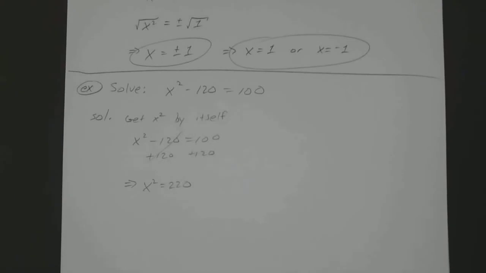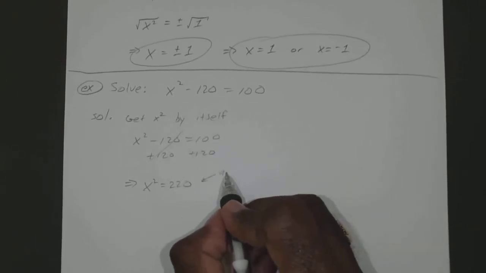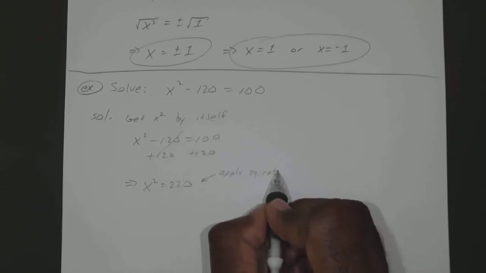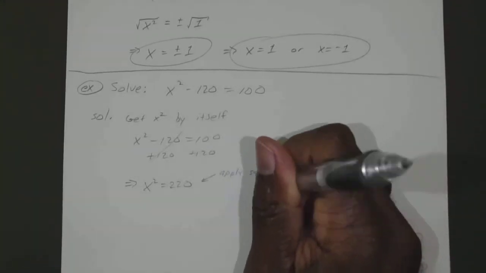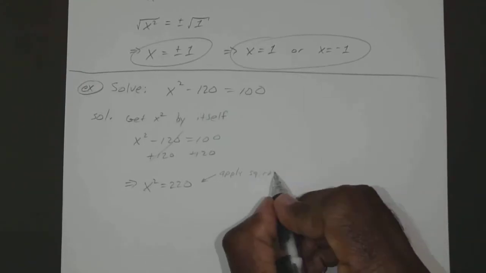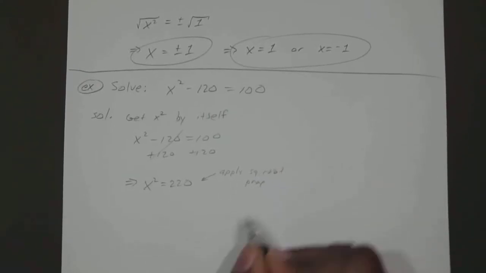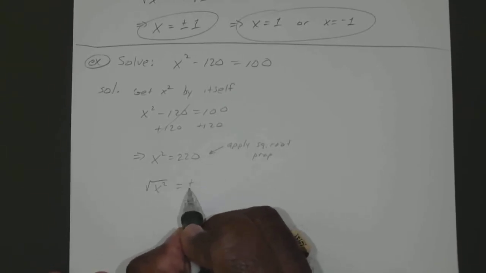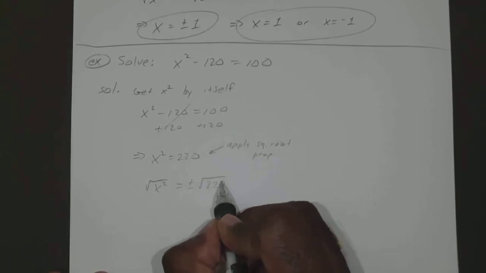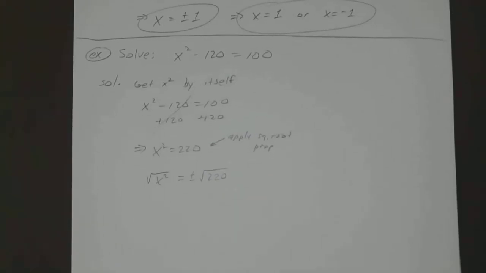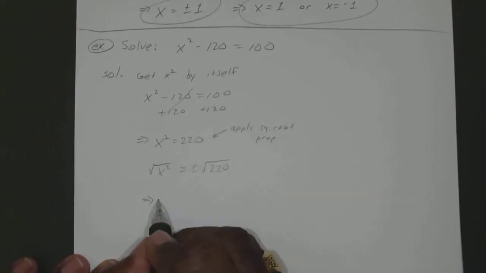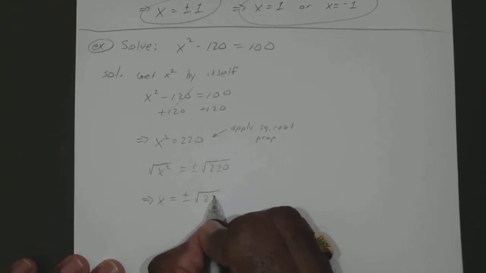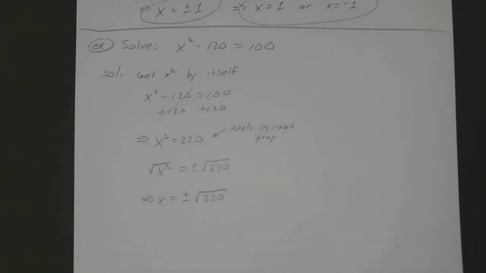So now we can apply the square root property. Okay, so if we square root both sides, and not forget our plus or minus, that gives us x equals plus or minus the square root of 220.